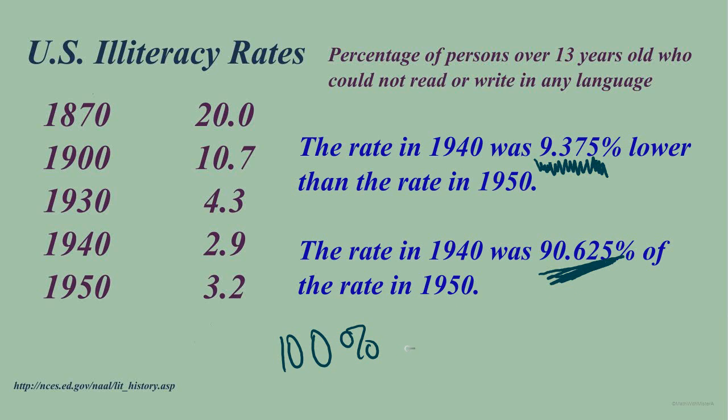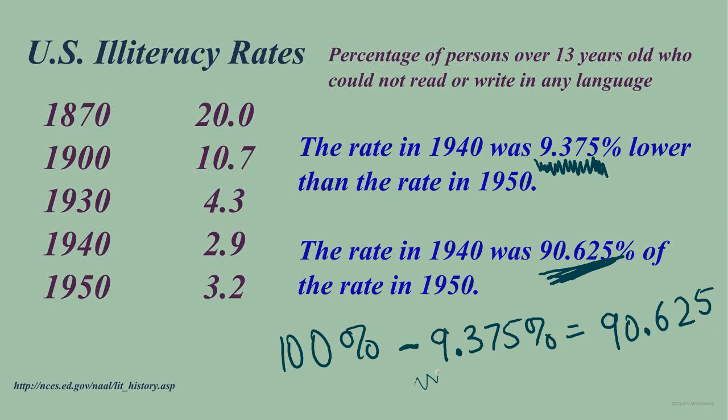If you start at 100%, then a decrease of 9.375% equals, you can check it out, 90.625. So what we found in this sentence, the percent of the rate in 1950. So a decrease of 9.375 is the same as finding 90.625%. Just a nice little opportunity to show that something that we've paid attention to in the past still holds true with what we're currently doing with percents.